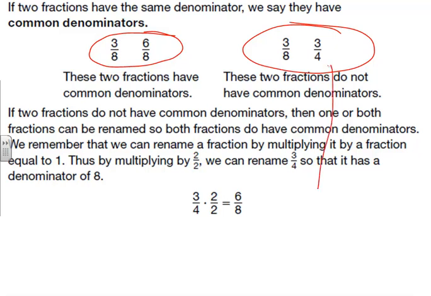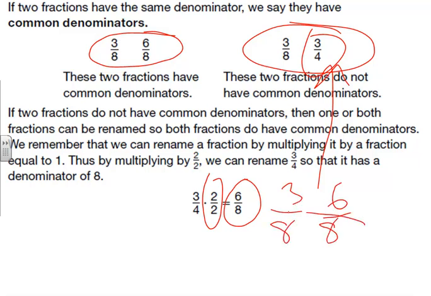So in our example up here, the 8 being higher, we would need to get 3/4 to have 8 as the denominator. Well, we know that in order to do that, 4 times what equals 8? Well, it's 2. So we multiply 3/4 by 2, and now we have an equivalent fraction of 3/4, which is 6/8. And 3/8 and 6/8 now have a common denominator of 8.